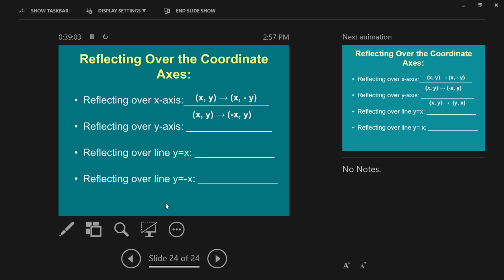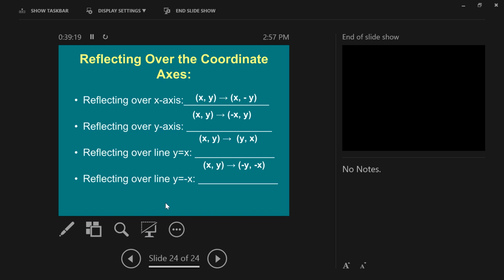Just changes the sign. Okay, when I reflect about the line y equals x, what happens to our point? Flips. Good. And then when I reflect about the line y equals -x, right. So it flips their places and makes them negative, or if they were negative, they become positive. All right. Good deal.